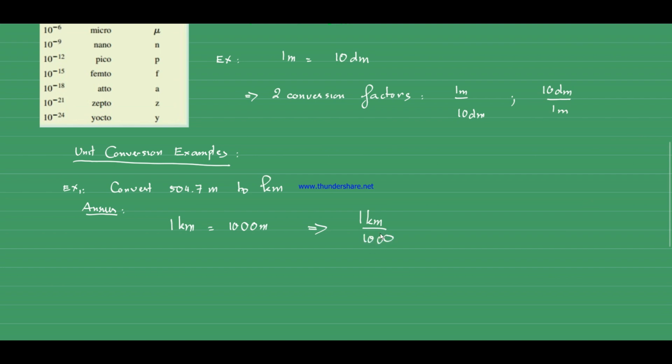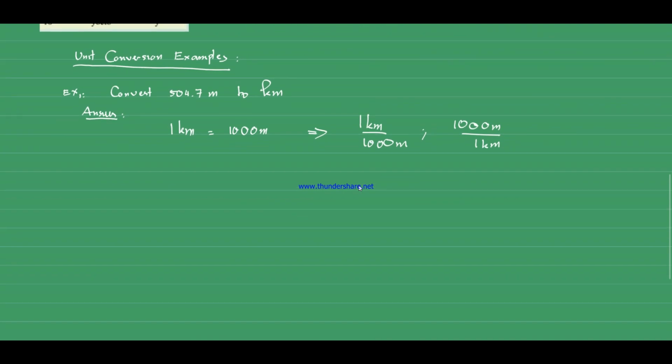And from here we can get two conversion factors, and we just use one of them. But we don't know which one we should use. I'm going to show you. So we want to use this or this. We want to convert 504.7 meter to kilometer. Now which one are we gonna multiply this by? I want to have kilometer instead of meter, so it means that I have to cancel the meter, which is the m.